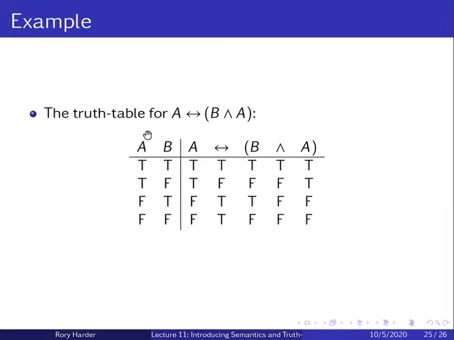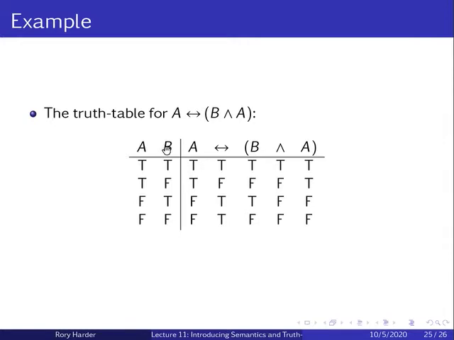The 3 main columns are the one for the atomic sentence letter A, the one for the atomic sentence letter B, and then one for the main connective, the biconditional. And then here are quasi-columns, which correspond to the sentence letters in the actual formula and the connectives which make up the subparts of the overall formula.